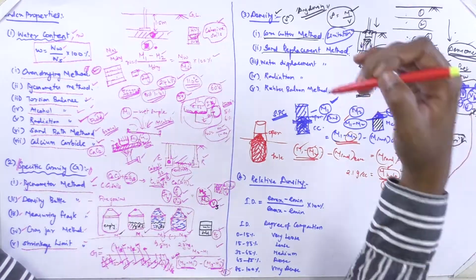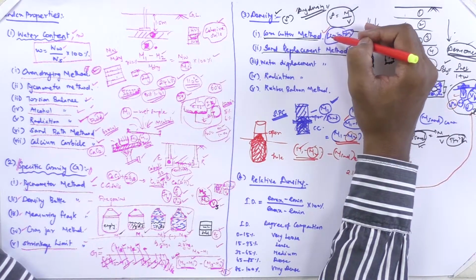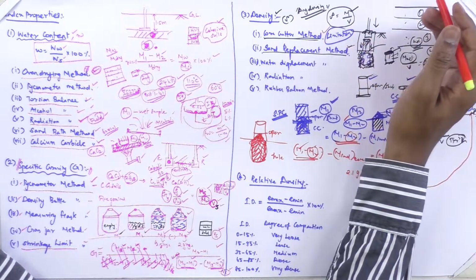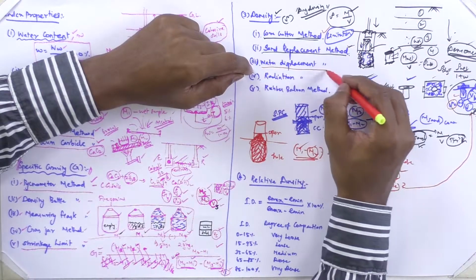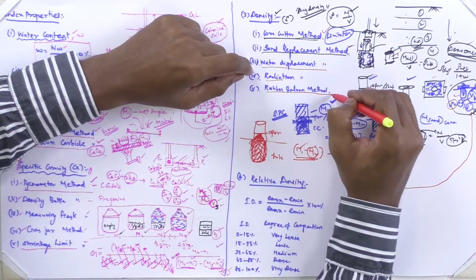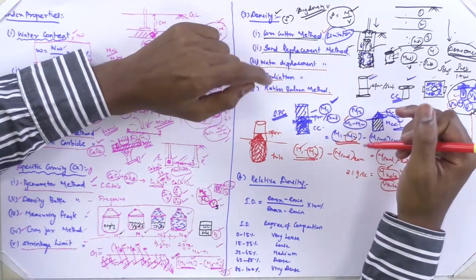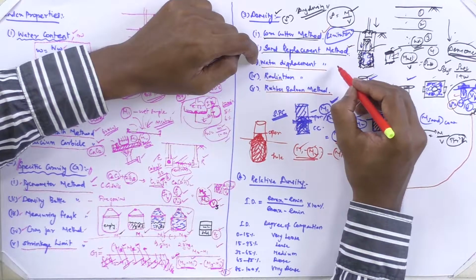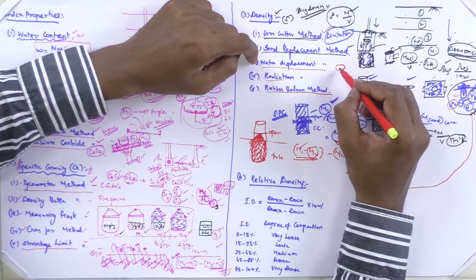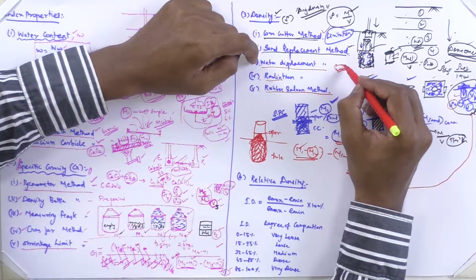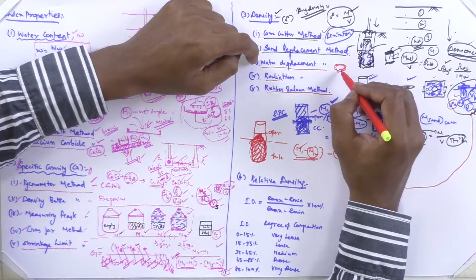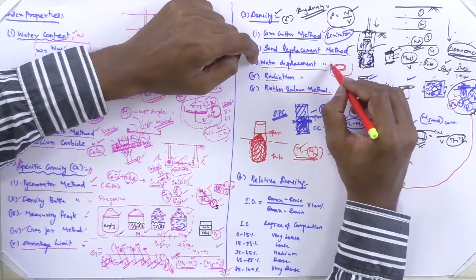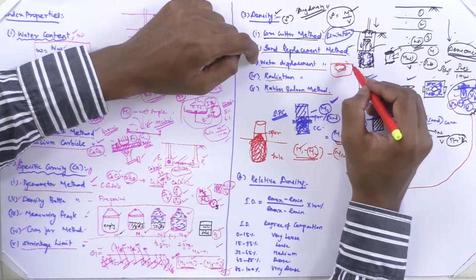So very simple thing. So it has a limitation. To overcome this limitation, we are using the sand replacement method, very simple one. Water displacement method, radiation method and rubber balloon methods are very simple methods, like the sand replacement method. Water displacement method is nothing but, any irregular shape of soil is waxed, sealed, and you are putting that in water.